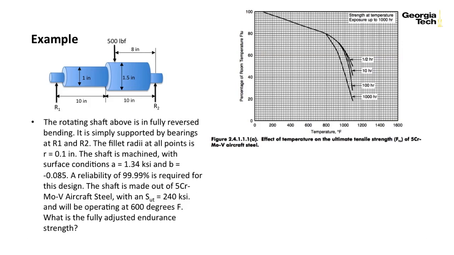So what we're going to work through next time is an example where we have this rotating shaft in fully reversed bending, and it's simply supported, and they say they need a reliability of 99.99%, and it's going to be operating at 600 degrees Fahrenheit. So it asks you to determine the fully adjusted endurance strength, which is the operating endurance limit of your part.